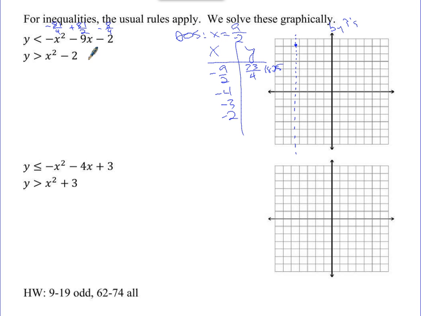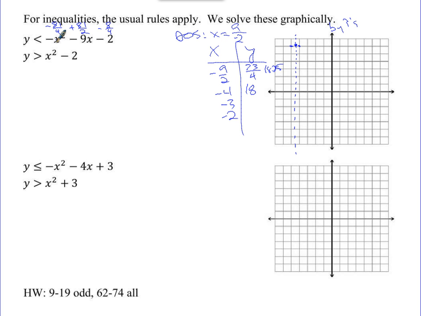So we take negative 4. Plug it in, that's 16, but make it negative, so negative 16. This is positive 36, so I'm left with 20. 20 minus 2 is 18. So I can mark that one there and reflect it across. Take negative 3, plug it in.